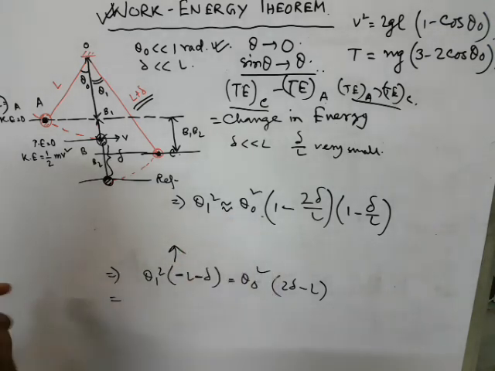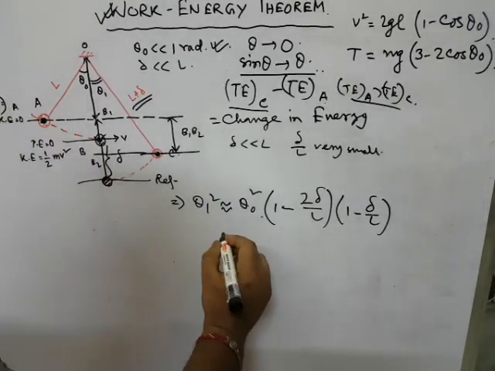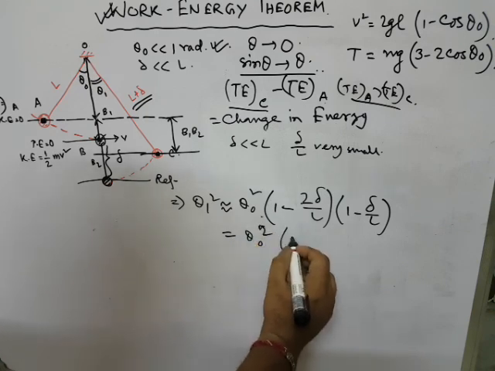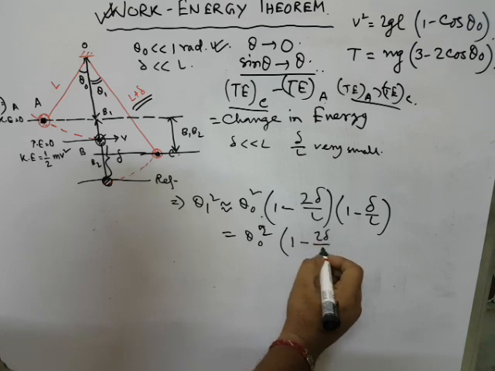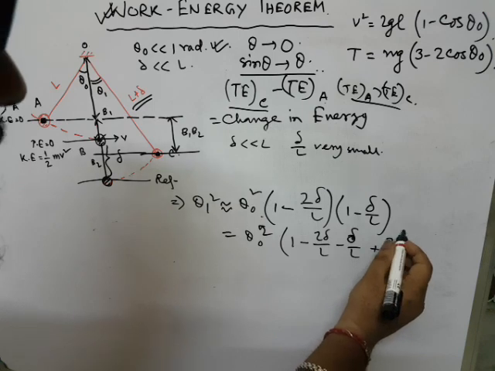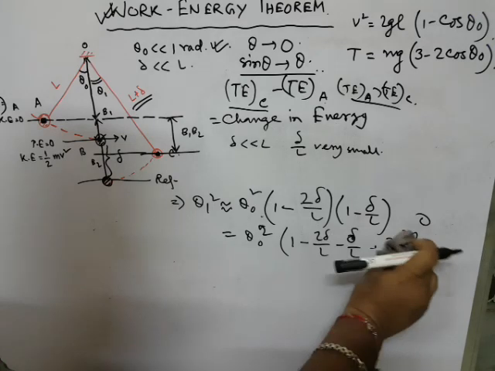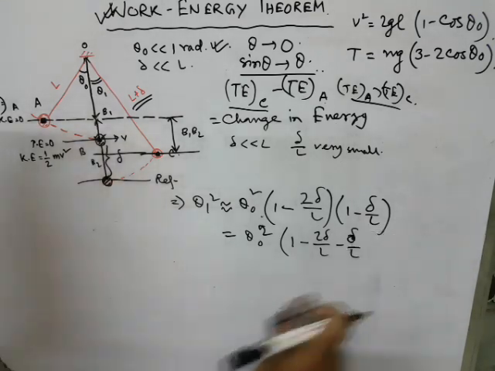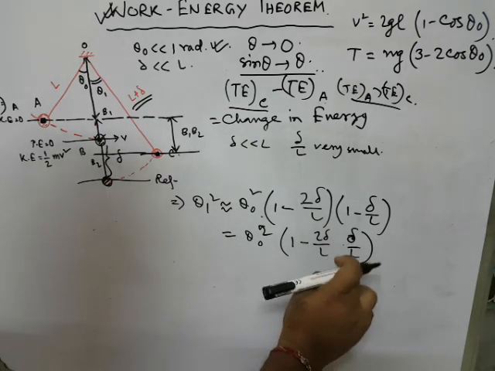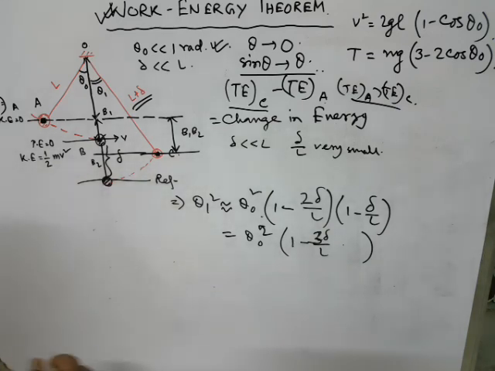So from here we'll get θ0² (1 − 2δ/L − δ/L + 2δ²/L²). Again we can consider the δ²/L² term as 0 because δ/L is very small, so we can ignore this, and minus 2δ/L minus δ/L will give you minus 3δ/L.